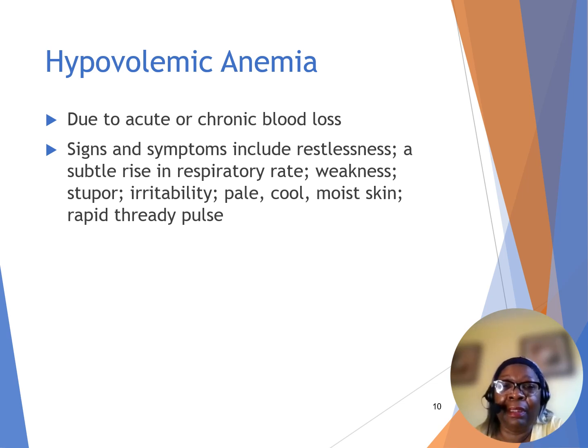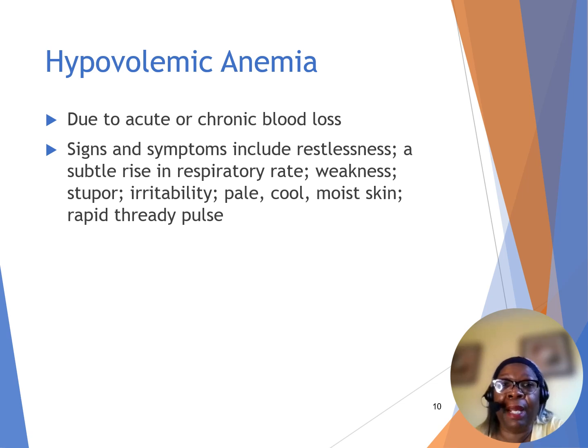Now, they will include restlessness, a subtle rise in respiratory rate, weakness, stupor, irritability, pale, cool, moist skin, and a rapid thready pulse. So how will it affect the heart rate and the blood pressure?